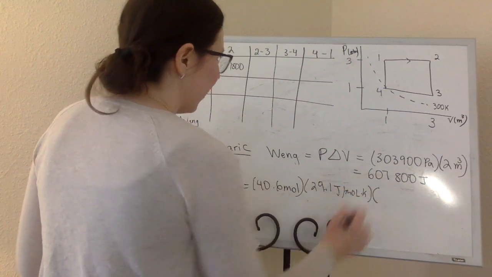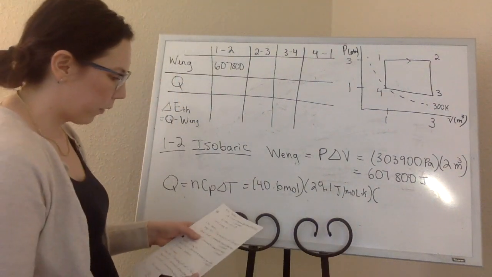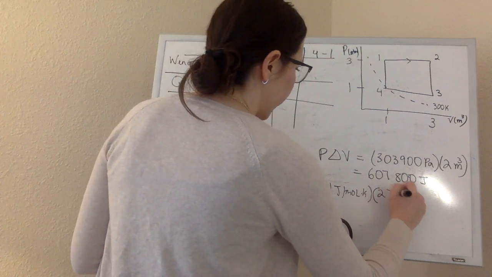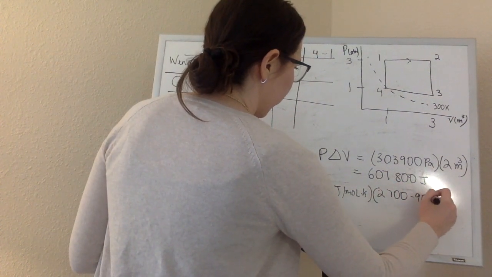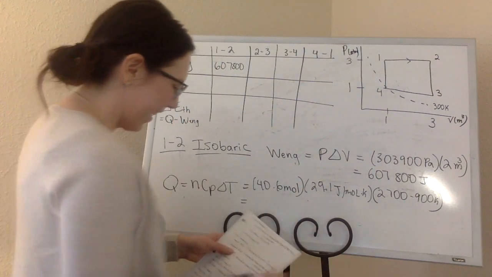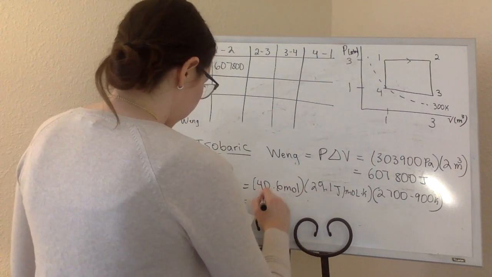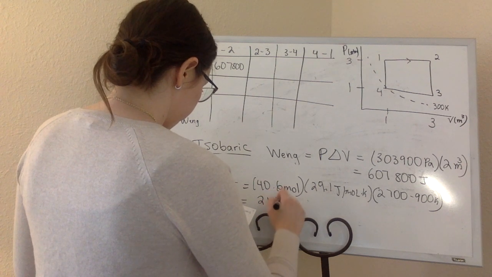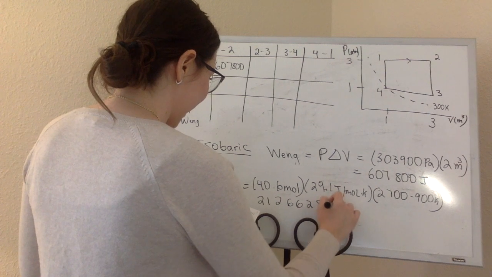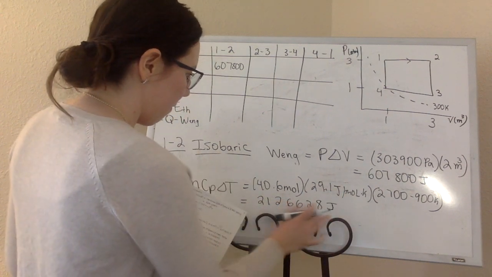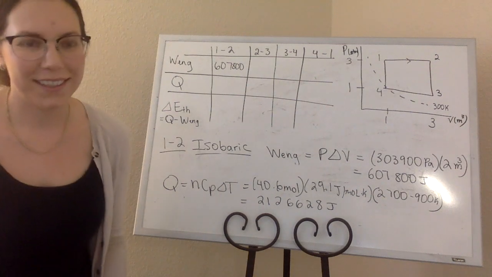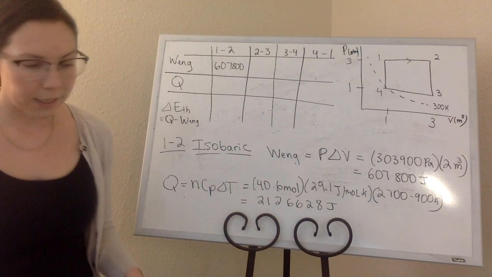And then we have delta T from 2 to 3, which you can flip back to the other chart to get those numbers. So that's 2700 minus 900 Kelvin. And then that gives me, let's see, 2,126,628, and we can subtract.